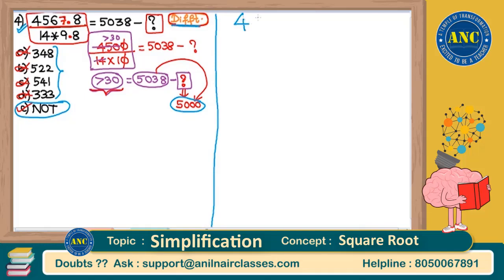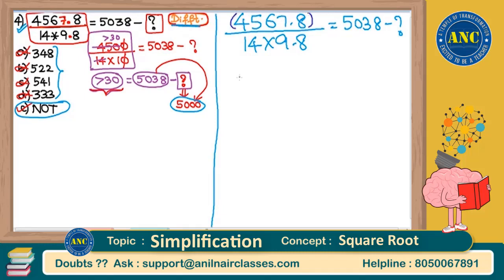Please see here, sir. 4567.8 divided by 14 times 9.8. 5038 minus question mark is the right hand side. Now everyone please see here, sir, people who did not understand. Now what I will do, Mahananda, is approximate 4567 to 4500.